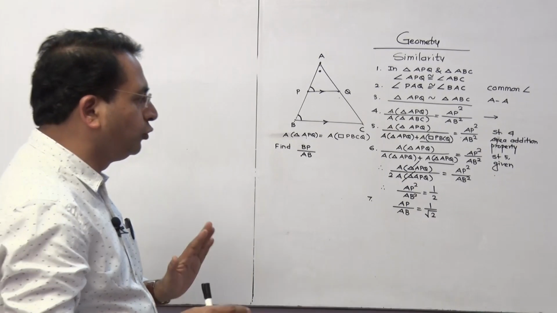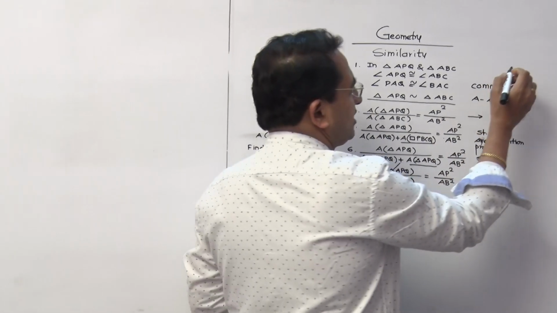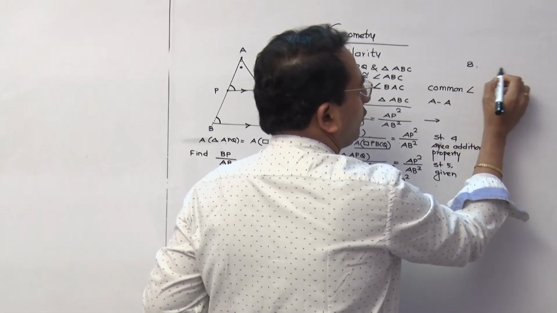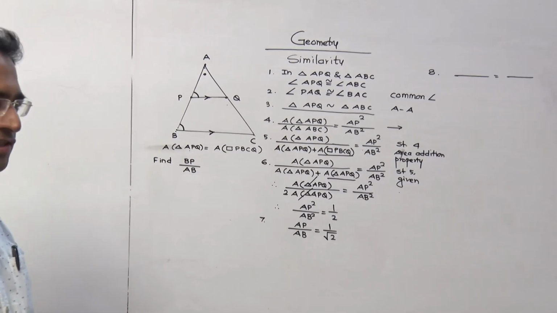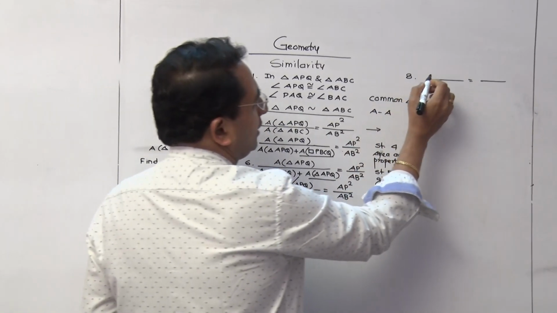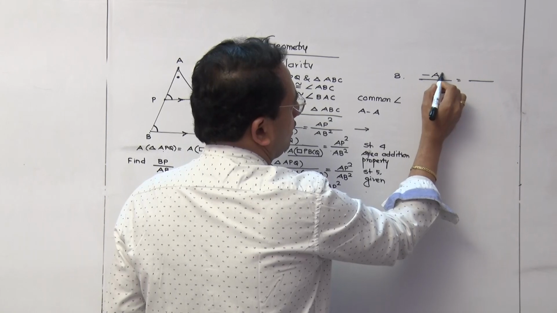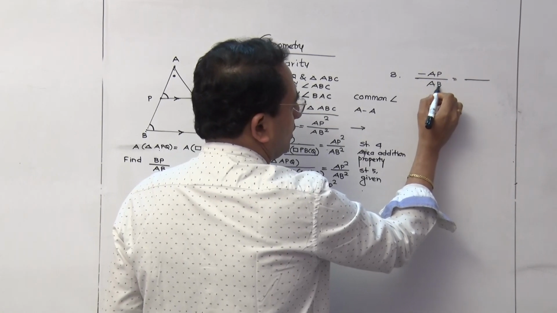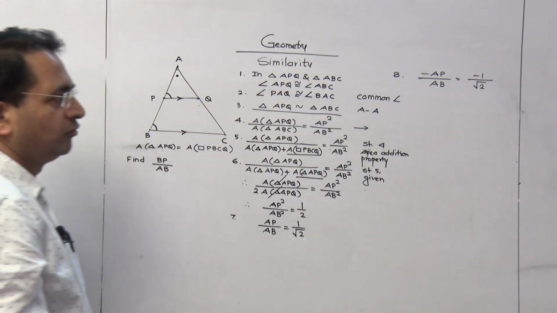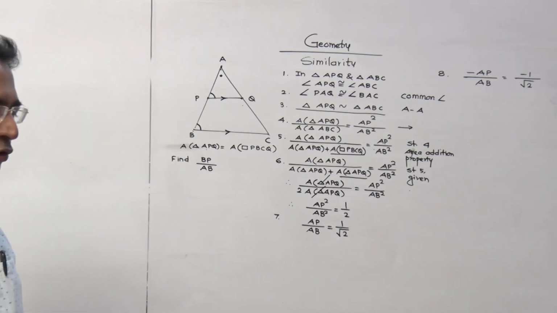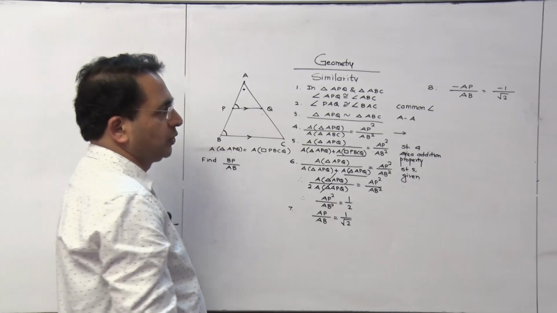Instead of that, you apply some basic rule here. What we do, we just multiply this by a minus sign. So I will get minus AP upon AB is equal to minus 1 upon root 2. So what I have done, I have multiplied both sides by minus 1.